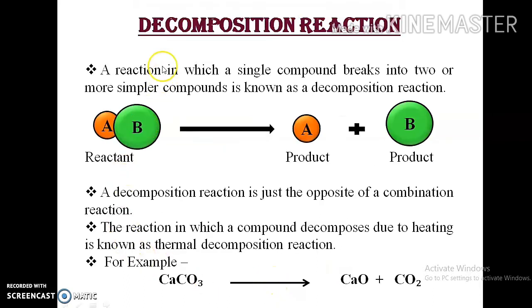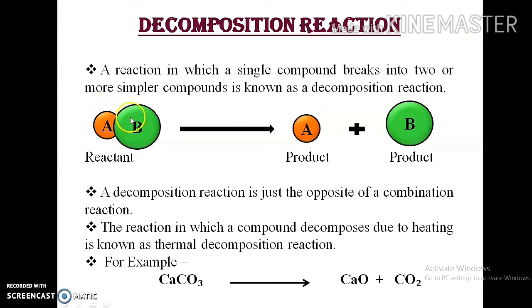Now decomposition reaction. From the name itself, we understand that decomposition means decompose, and the word decompose means to break. A reaction in which a single compound breaks into two or more simpler compounds is known as a decomposition reaction. You can see here the reactant AB, which is combined, is joined.